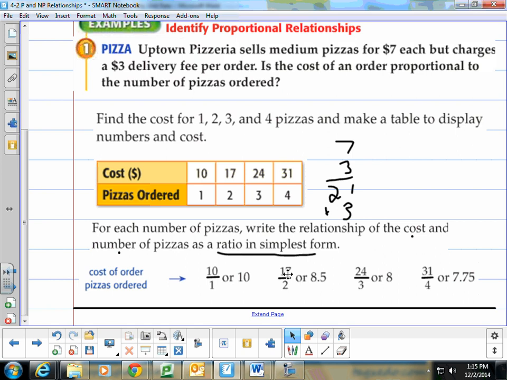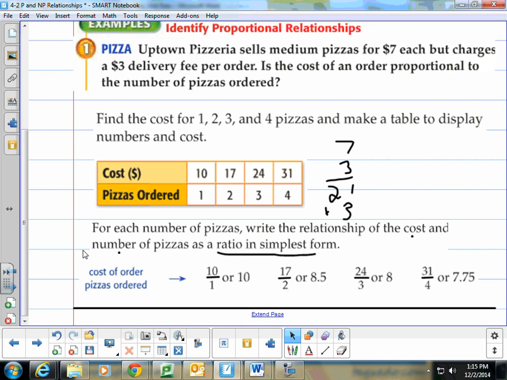It's $17 for 2 pizzas, which simplifies to 8.5. And it's $24 for 3 pizzas, which simplifies to $8 per pizza. And $31 for 4 pizzas, which is $7.75, sorry.